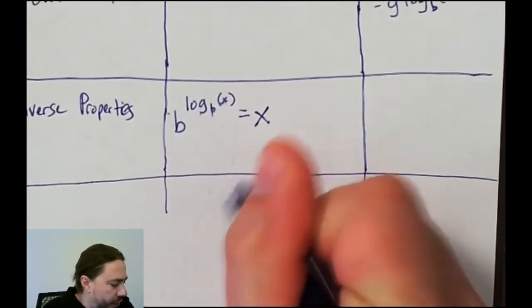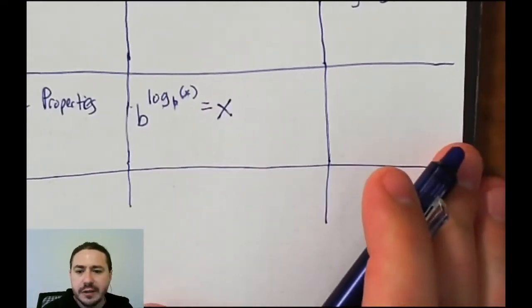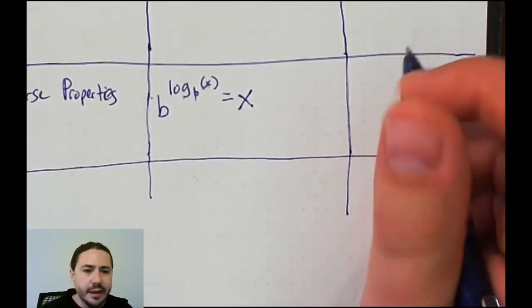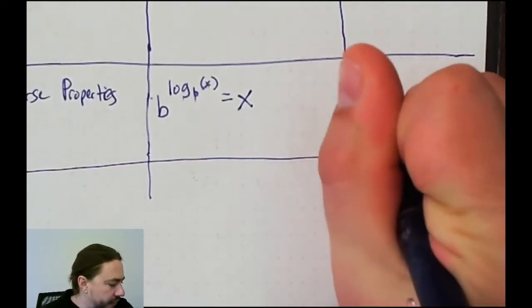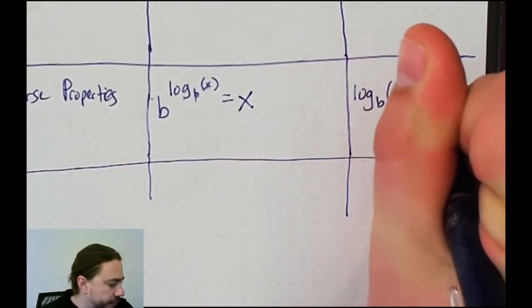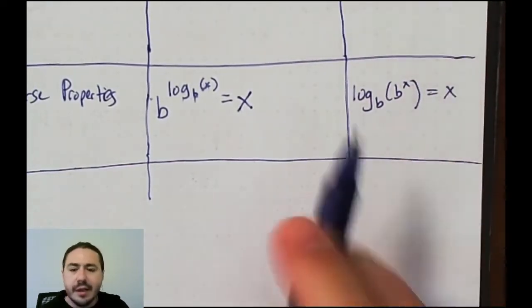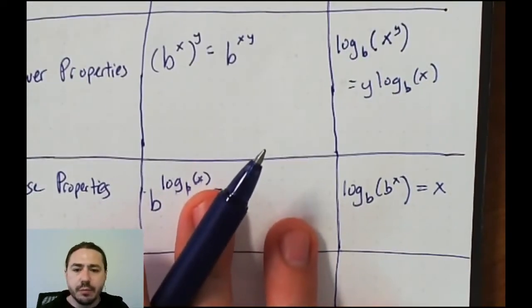Similarly, on the logarithm side, logarithms and exponentials are kind of working both ways here, but let's say I had log base b of b to the x. Now this one's a little bit easier to see why this equals x. We can really just go back to the power property.